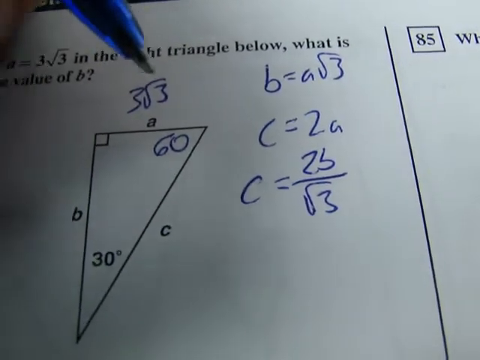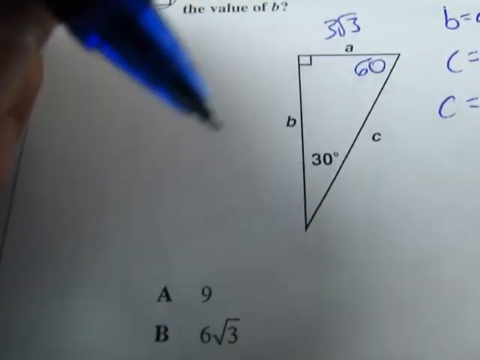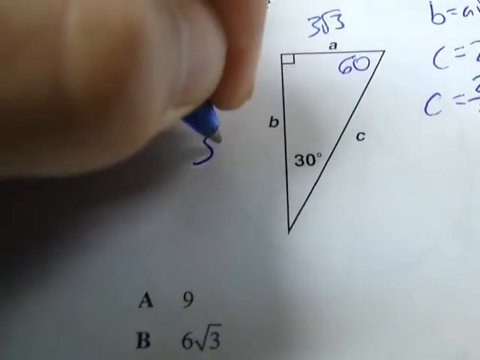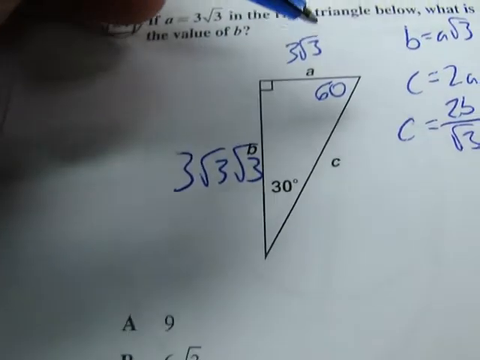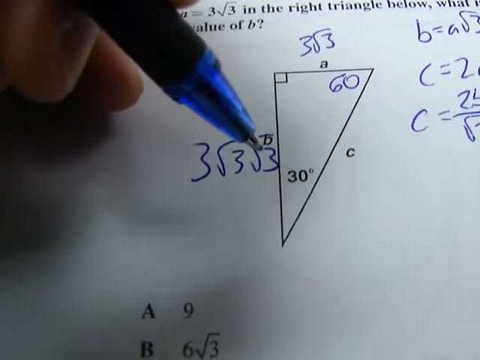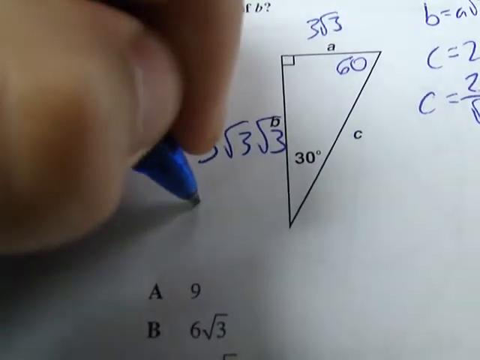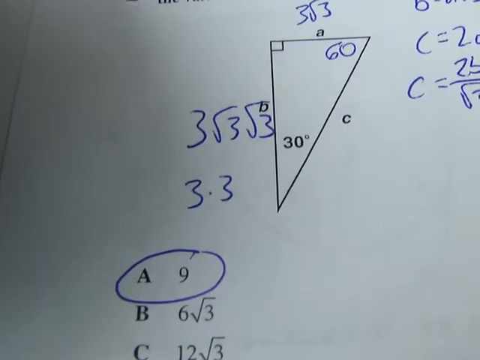We have A, we're trying to find B, so B equals A square root of 3. So this one's going to equal 3 square root of 3 times the square root of 3. Does that make sense? The square root of 3 times the square root of 3 is 3, so it's going to be 3 times 3, which equals 9.